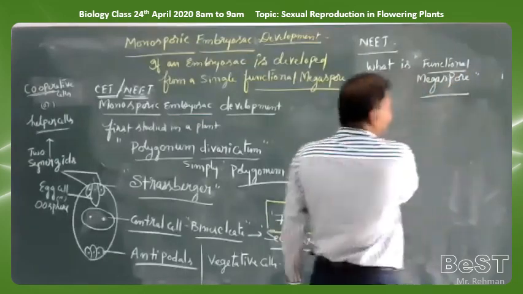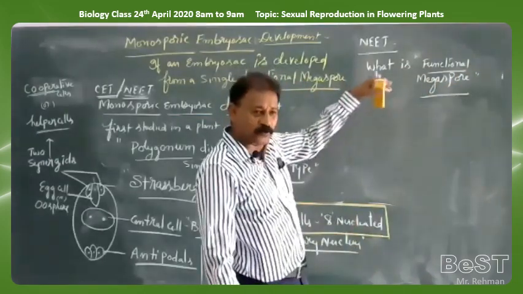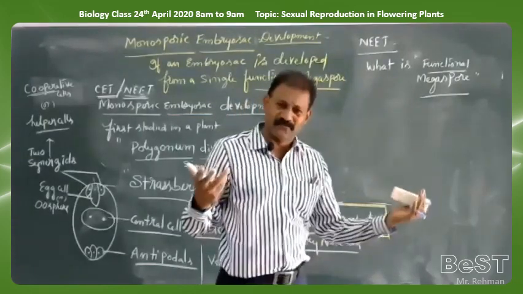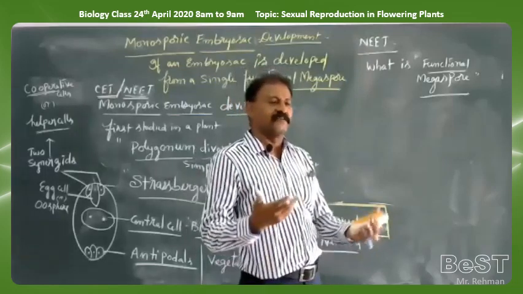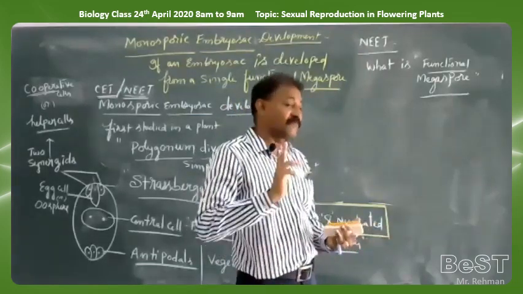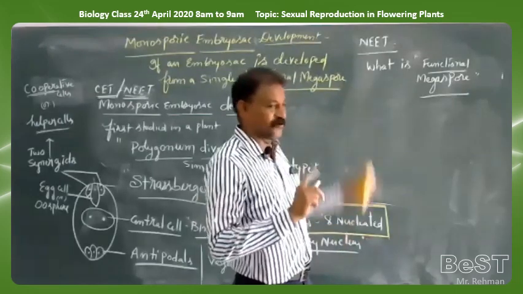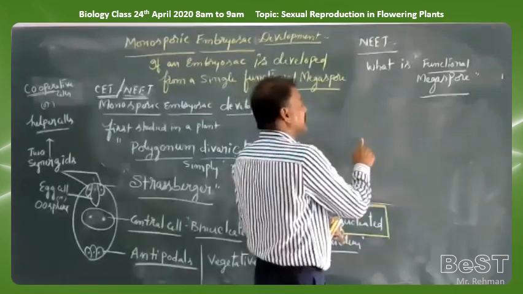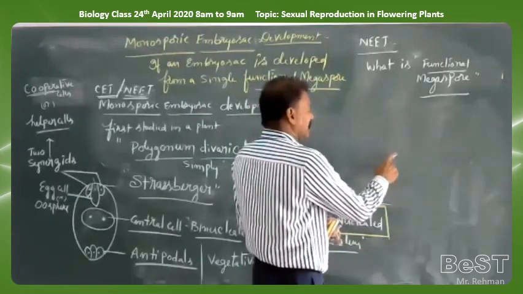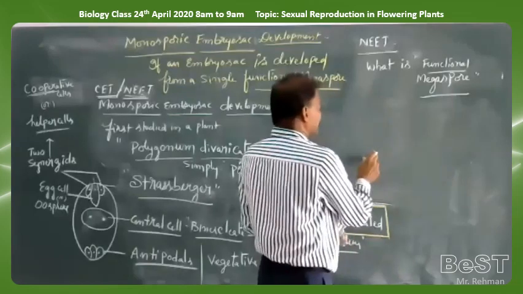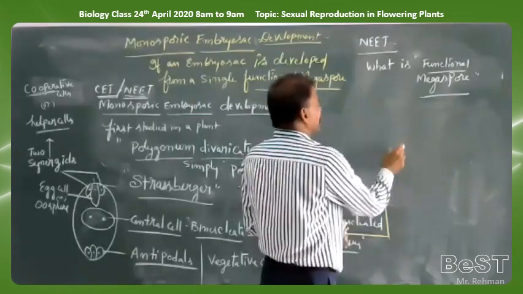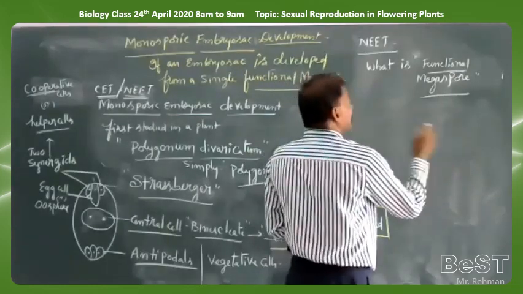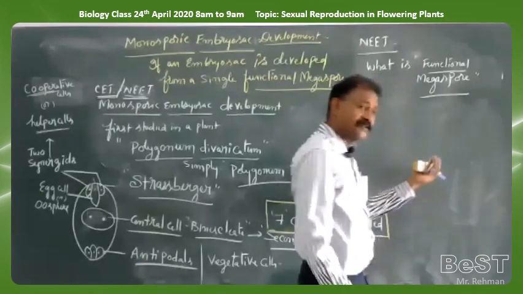Based upon the type of question, how they are going to create a question, we have to understand. Various teachers may create various types of questions, but the correct answer will be single, out of 4, or out of multiple selection type where they ask A, B, C, D. Again 1, 2, 3, 4: in the first one A and C only are correct, second one A and B only are correct, third one C and D only are correct, fourth one except D all are incorrect. They can ask any question.